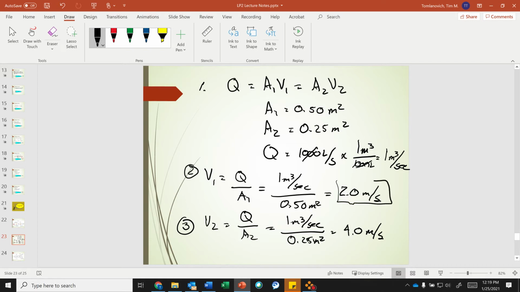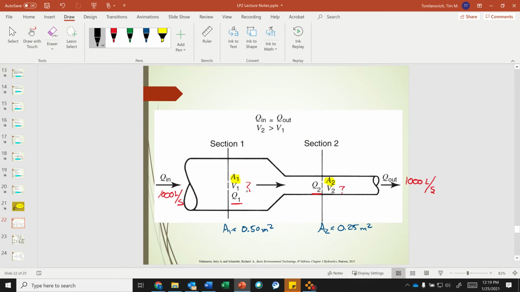So that is our velocity change, but our flow doesn't change. This is 2.0 meters per second. This is 4.0 meters per second.